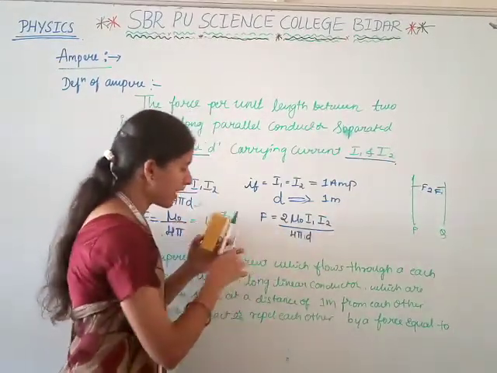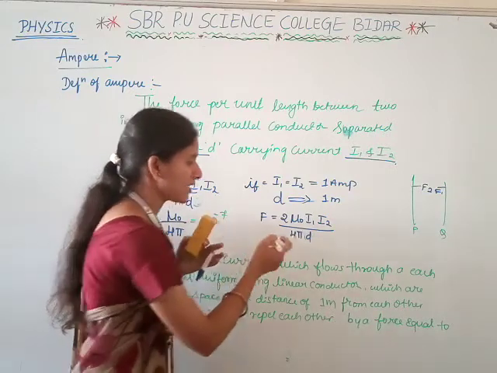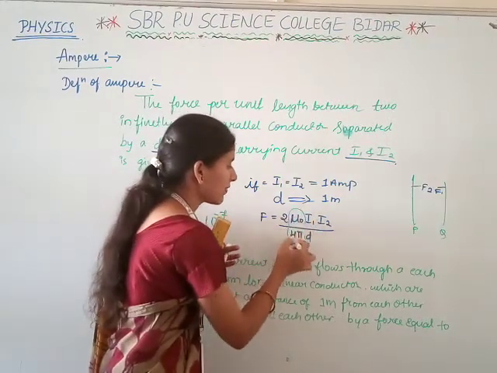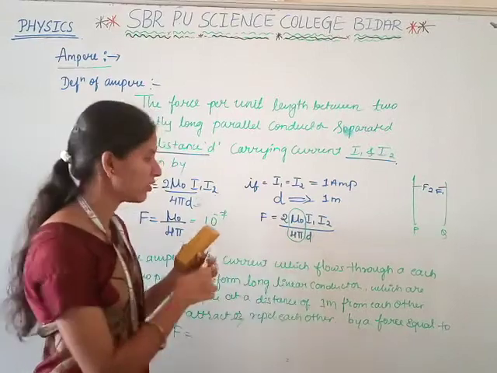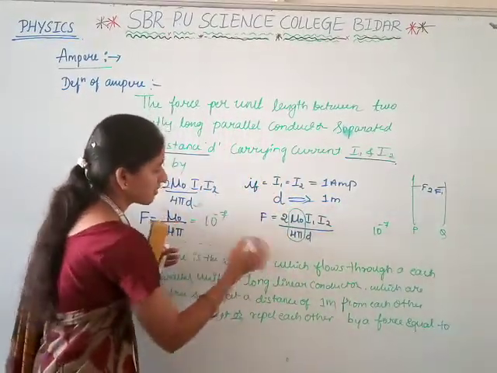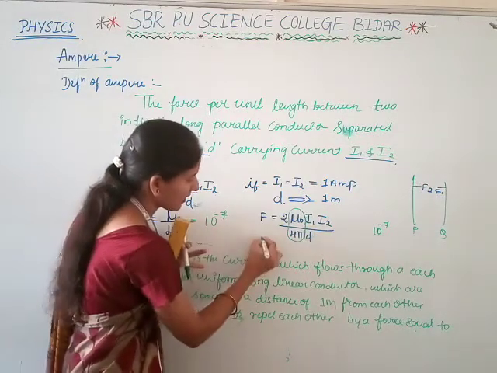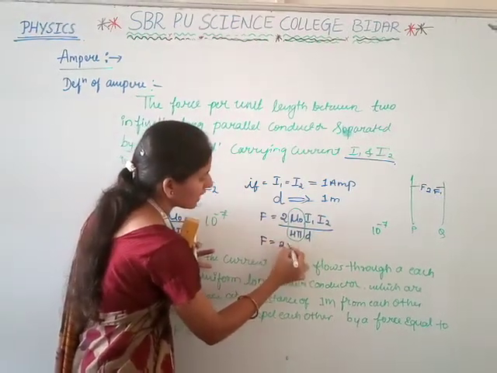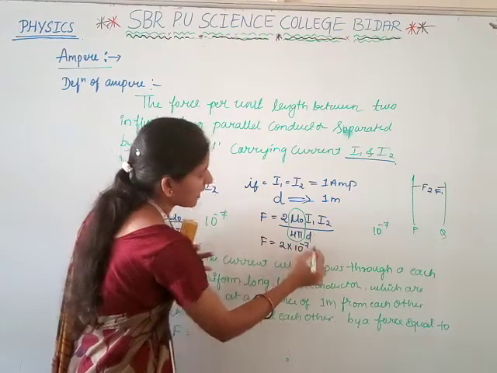If you take the value of I1 and I2 and d as 1, the mu naught divided by 4 pi value we know, that is 10 to the power of minus 7, means it becomes F is equal to 2 into 10 to the power of minus 7.